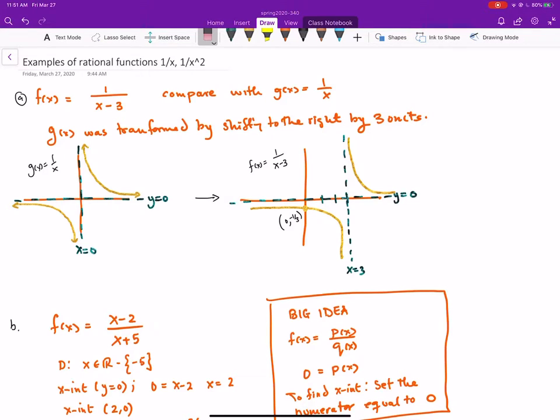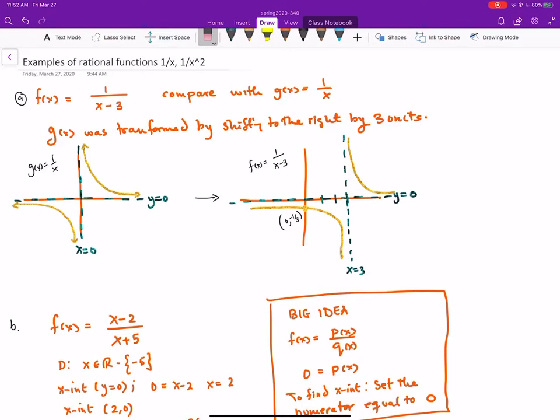And then you shift the entire graph, including the asymptotes, 3 units to the right. So pretty much the horizontal asymptote doesn't move, but the vertical asymptote has to move 3 places to the right.